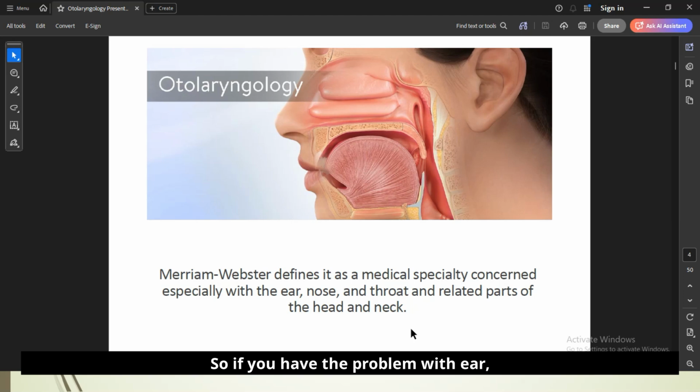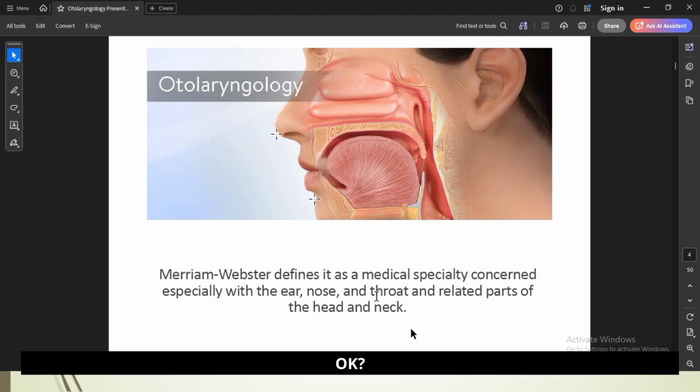If you have a problem with your ear, nose, throat, head or neck, you need to go to an otolaryngologist. The physician who performs these procedures is called an otolaryngologist.